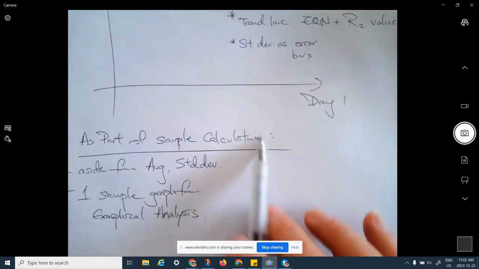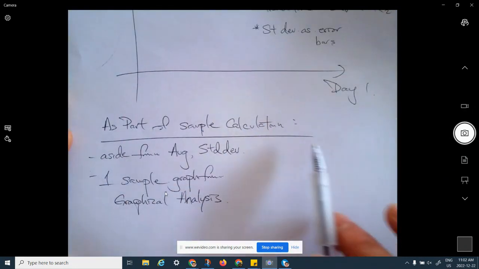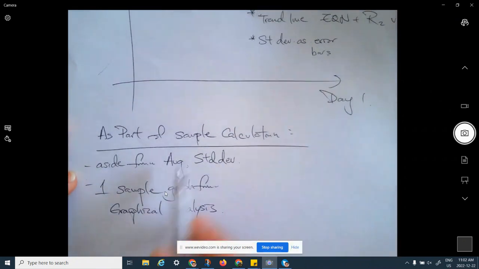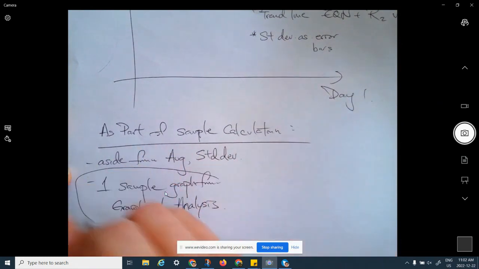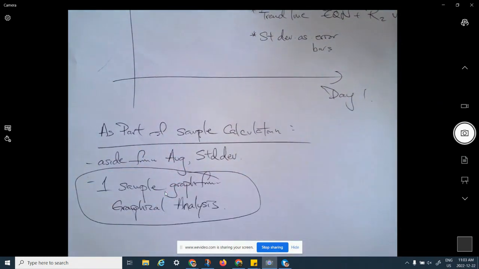Now, as part of the sample calculation, aside from showing me how you calculate the average and the standard deviation, I want to see just one of those 16 graphs. You pick the best one you can think of and show that as a sample, so that if I or another biology teacher from this school read it, they would understand how you got those raw data numbers.